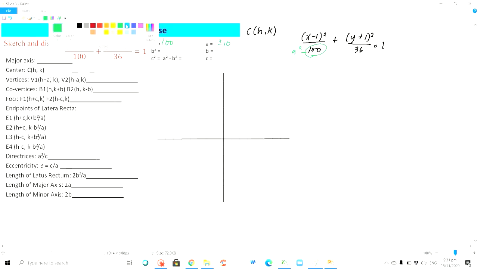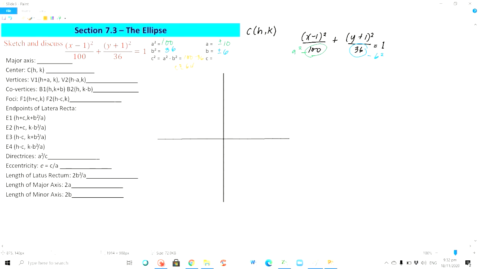For b, ang ating b squared is 36. So, let's write 36, positive and negative 6. For c squared, 100 minus 36, that's 64.